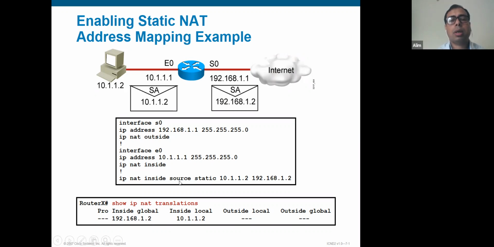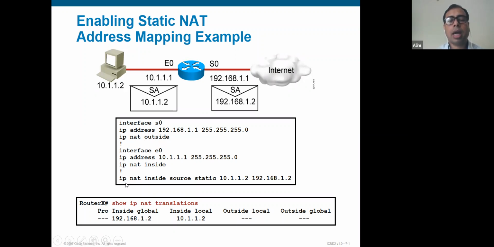The router has two interfaces. One is towards the computer or server. It is inside. In that case, the command is ip nat inside, and where it will be translated to, that is ip nat outside. And finally, you will define the NAT.